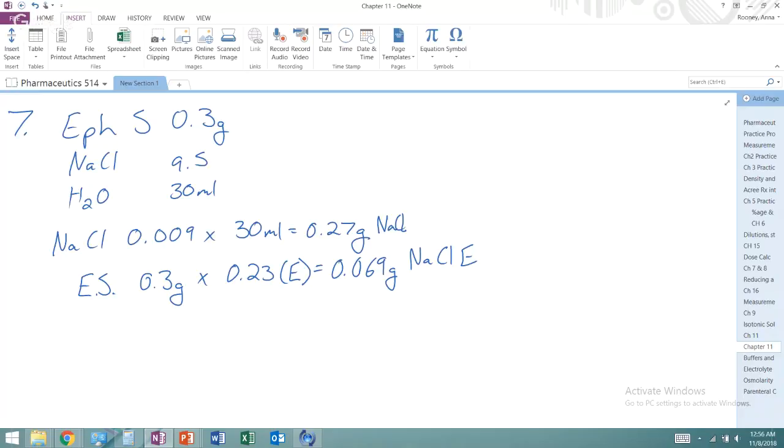So we know the total amount to make it isotonic, and we know the amount that the ephedrine sulfate is going to pull. So now we need to figure out the remaining amount of sodium that we would need to add to meet that.